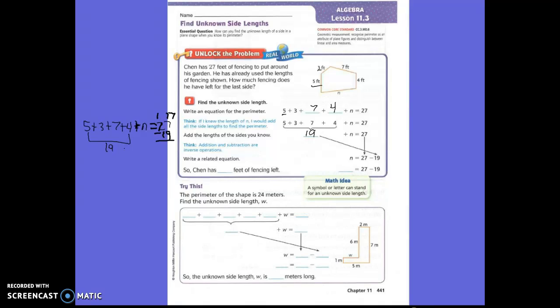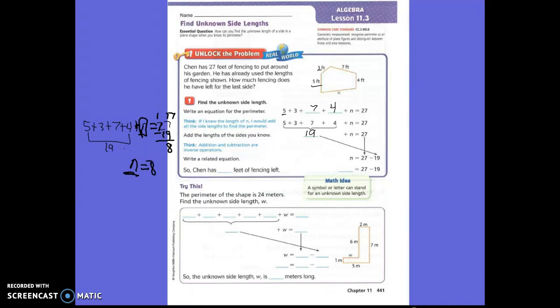What's 17 minus 9? Everyone? 8. That's 8. Okay, and then you do 1 minus 1, which is what? 0. You have nothing. So now you just have n equals 8. n's still on the other side, right? We didn't use n.